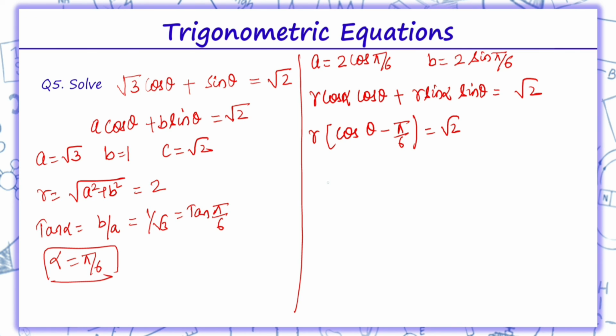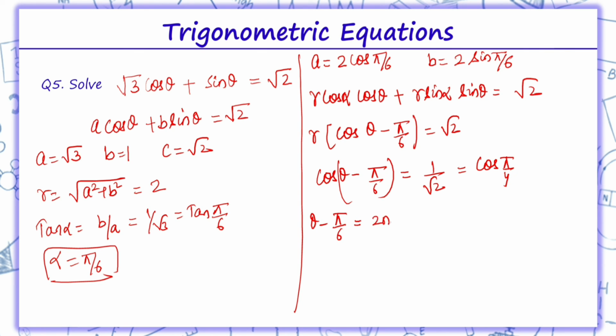Now, as we know the value of r is 2, cos of theta minus pi by 6 will be 1 by root 2, because this 2 goes into the denominator, and root 2 by 2 becomes 1 by root 2. Now this 1 by root 2 can be written as cos pi by 4. As we know, when cos theta equals cos alpha, theta minus pi by 6 is written as 2n pi plus minus pi by 4.